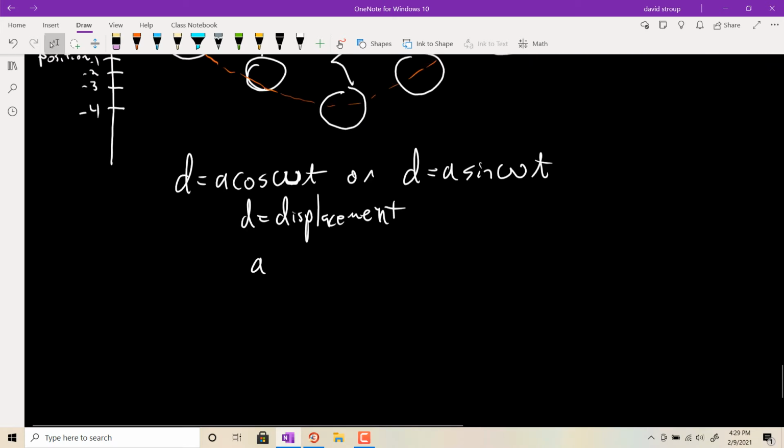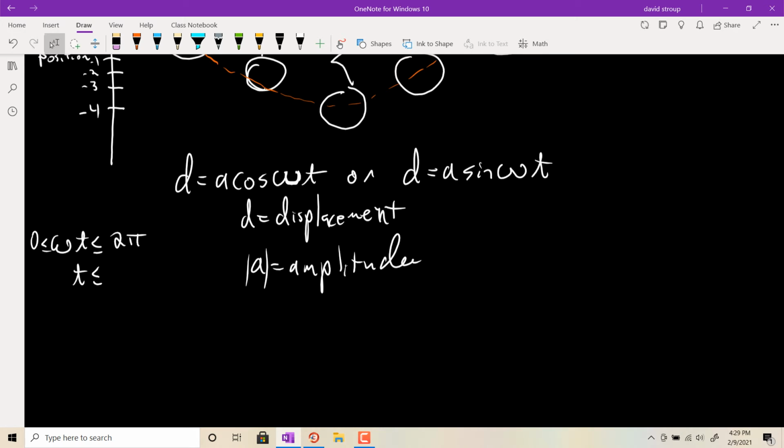A is the amplitude, and of course we want the absolute value. Very quickly, you can figure out the period, working with our usual interval from 0 to 2 pi, and just divide by omega. So our period is 2 pi over omega.